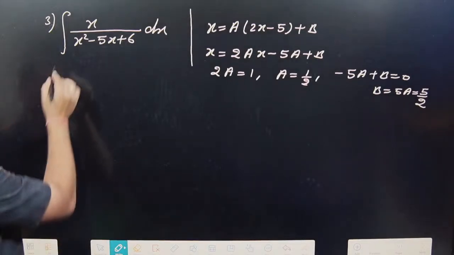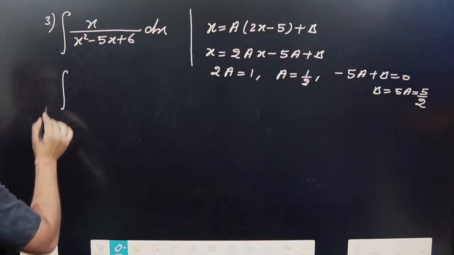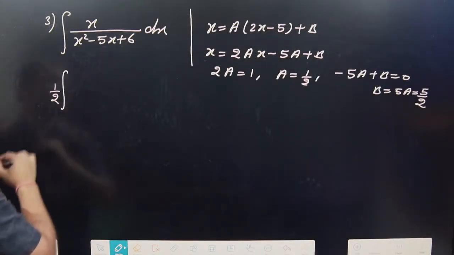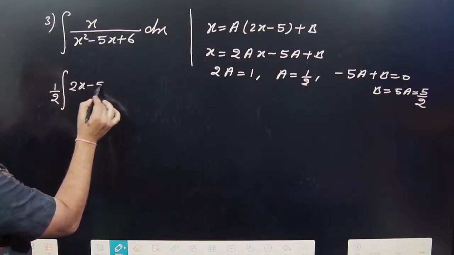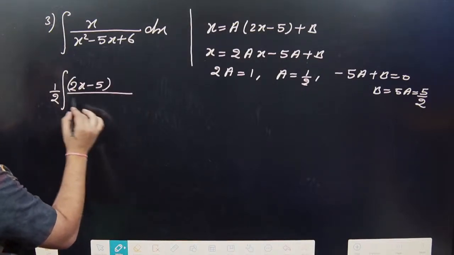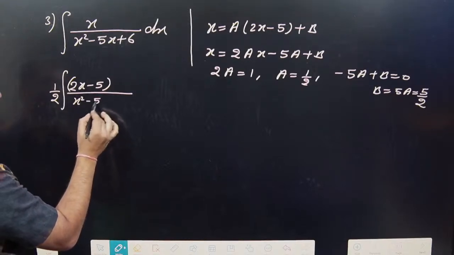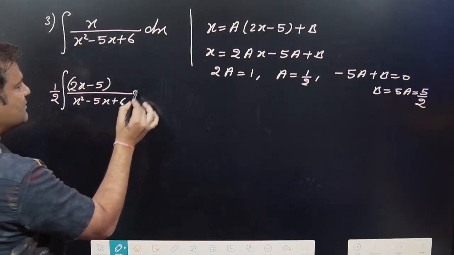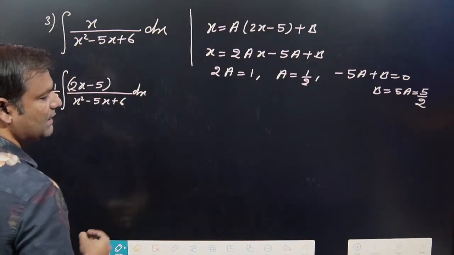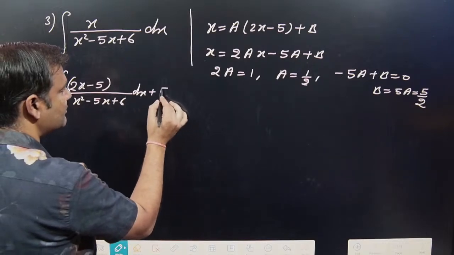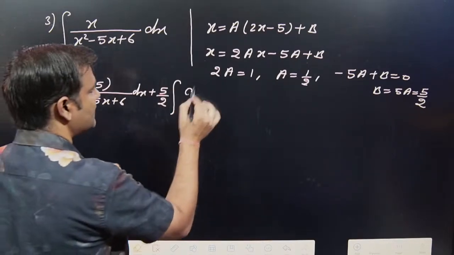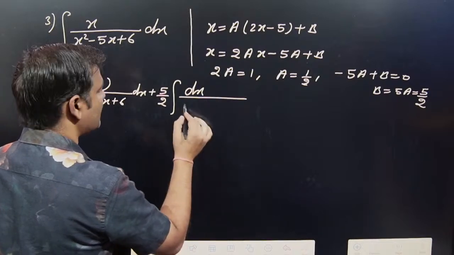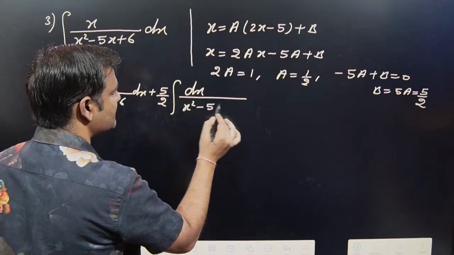Now this is written: a is 1 by 2 into 2x minus 5 divided by x square minus 5x plus 6 into dx, and b is 5 by 2 into the integration of dx divided by x square minus 5x plus 6.